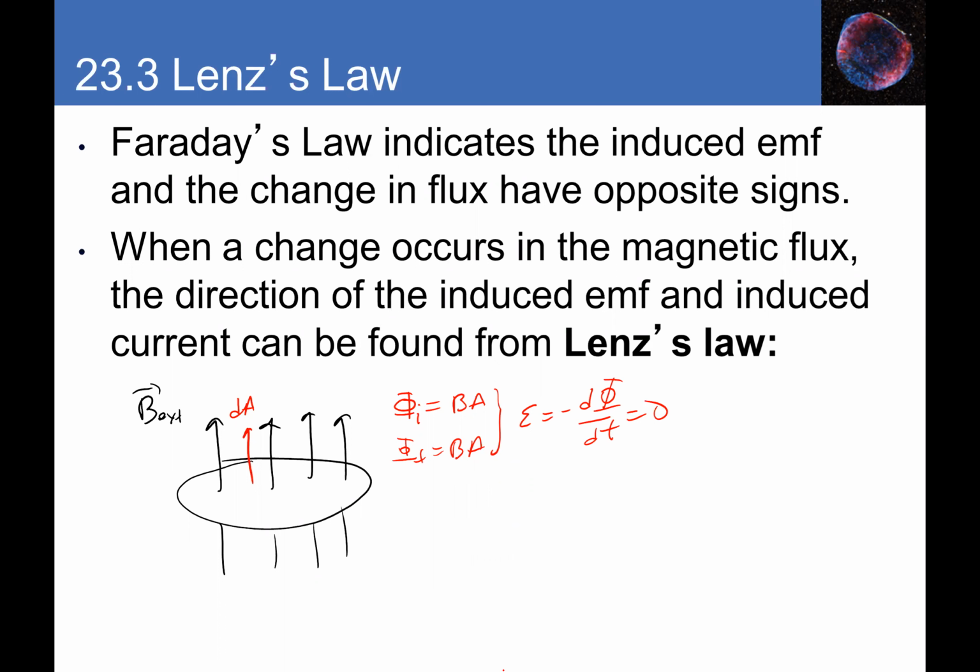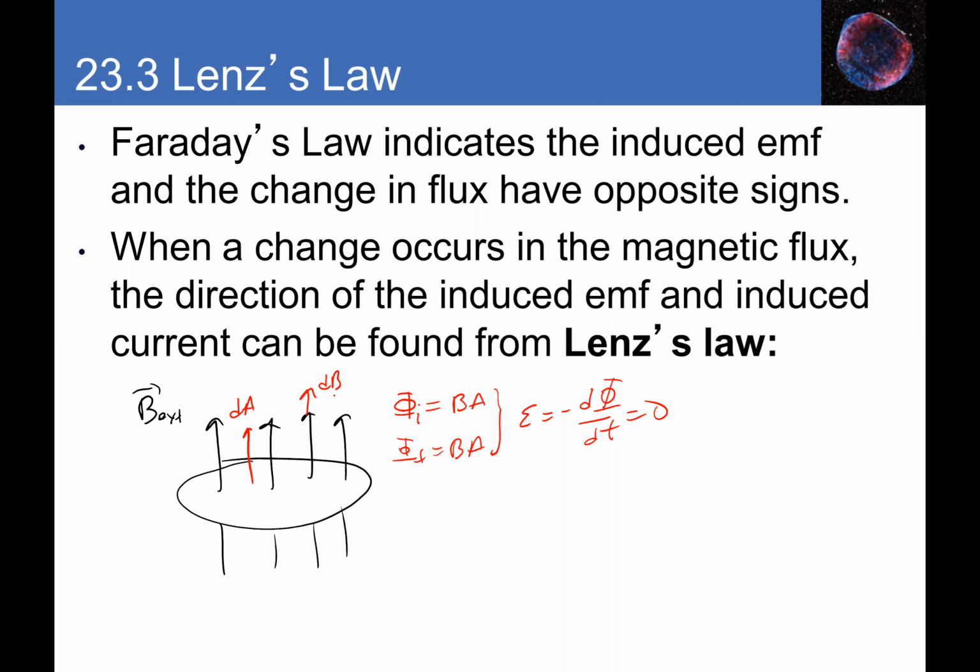In order for there to be an induced EMF, there has to be a change in flux. So how do we change the flux? One way is by changing the magnetic field strength. For example, I start increasing it by a certain value dB, as a function of time.